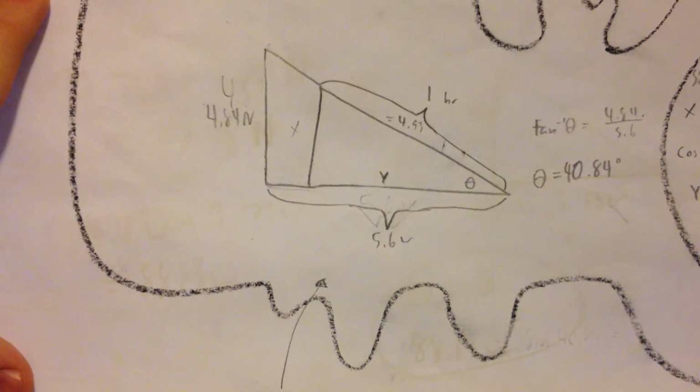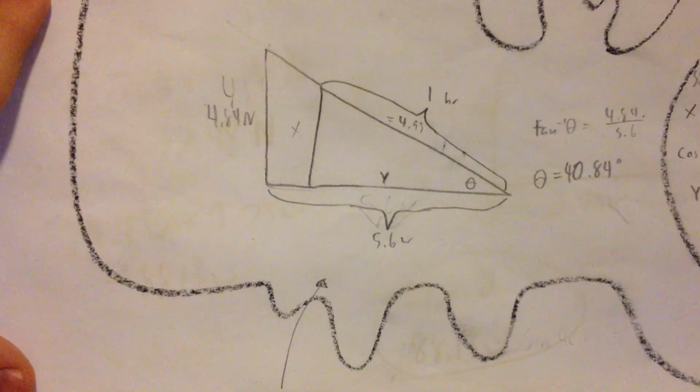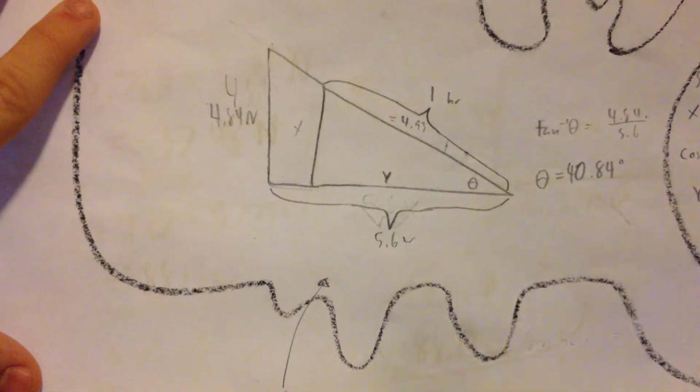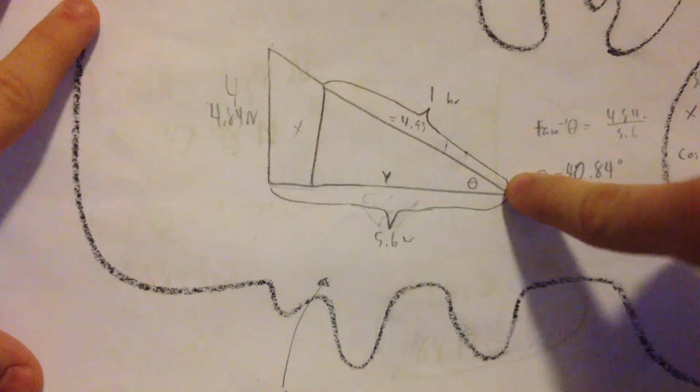Knowing this, we can find out this angle right here, for which we can use reverse tangent, which is 4.84 over 5.6, which equals 40.84. And knowing this, we can find out the lengths of what we're going to call x and what we're going to call y.